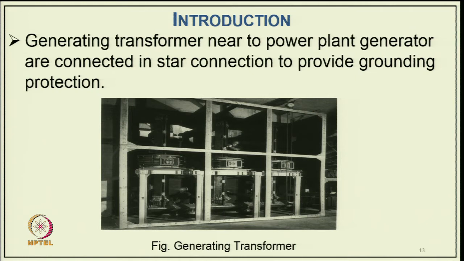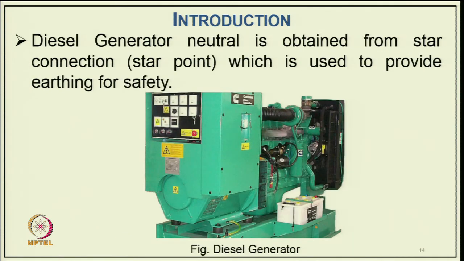Similarly, the generating transformers near the power plant generator are connected in star connection to provide grounding protection for the system. Similarly, the diesel generator's neutral is obtained from the star point of the generator, which is used to provide the earthing for safety as well as to provide the neutral for feeding the single phase loads.